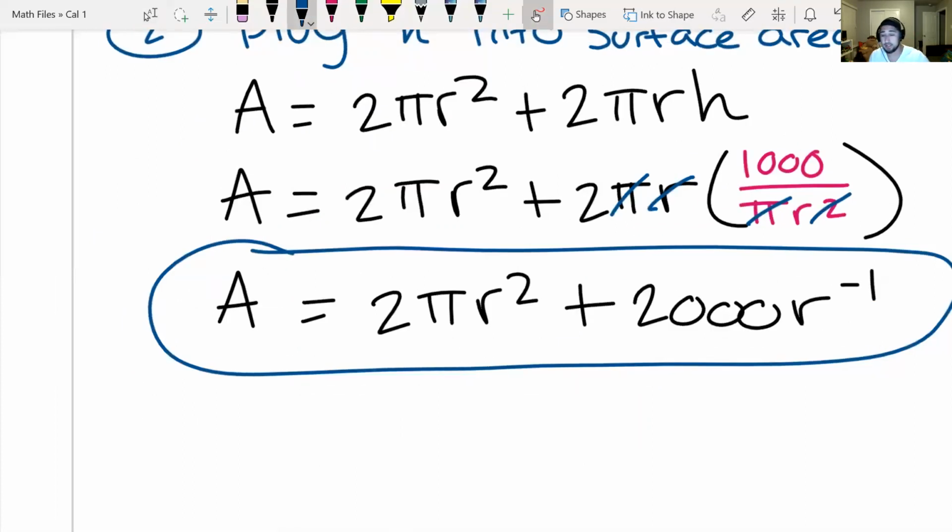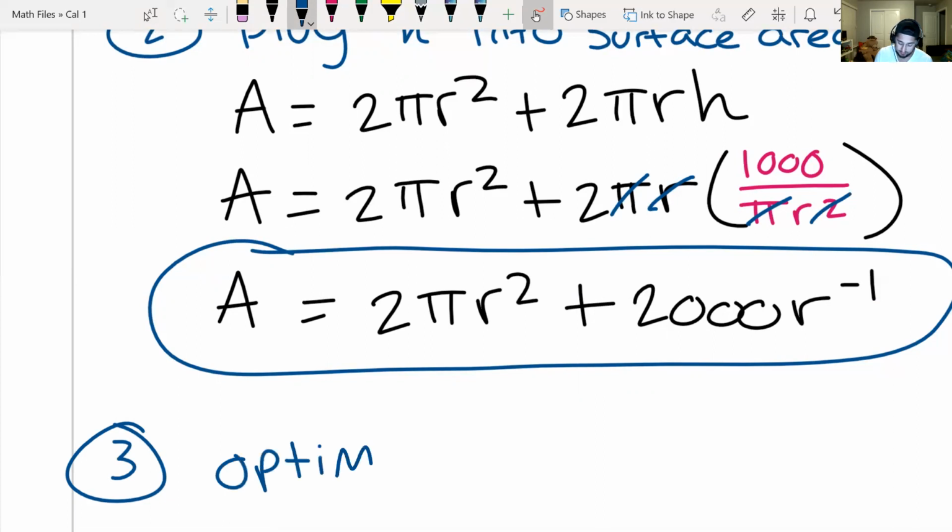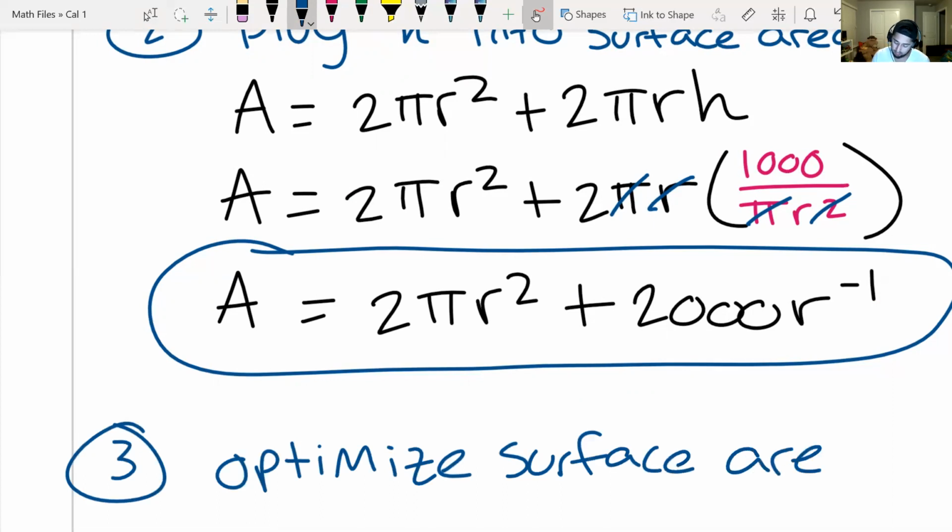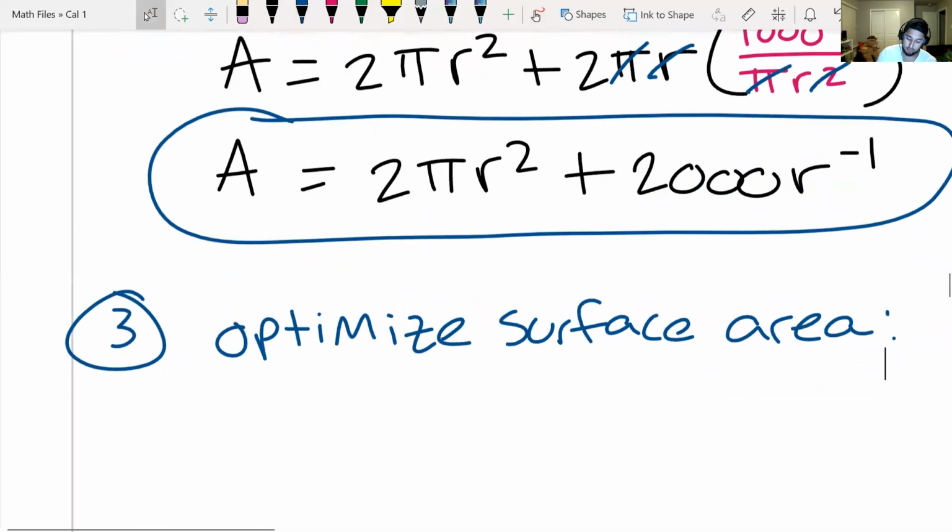Perfect. Which means that if we have surface area all in terms of the same variable, that means step 3, we are ready to optimize surface area. Which means take the derivative.